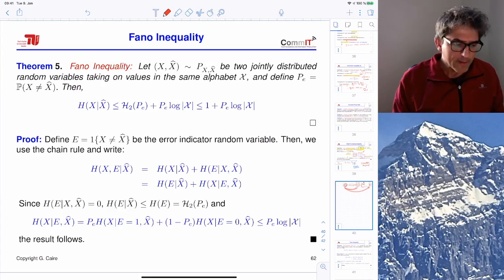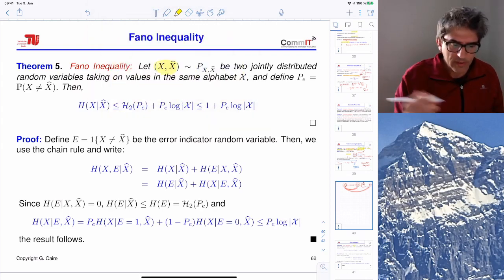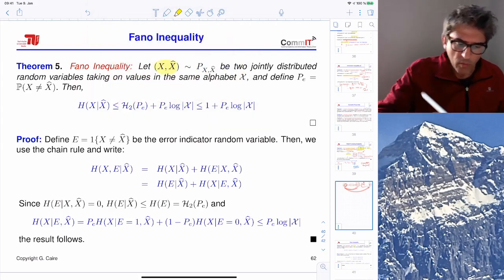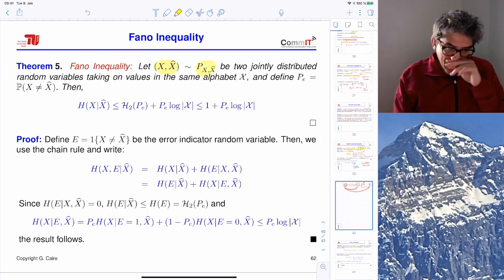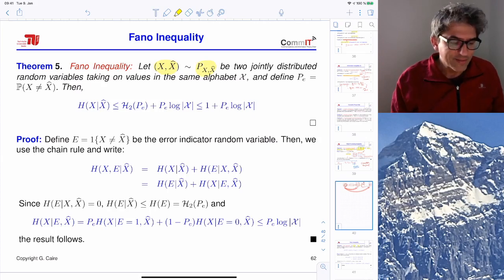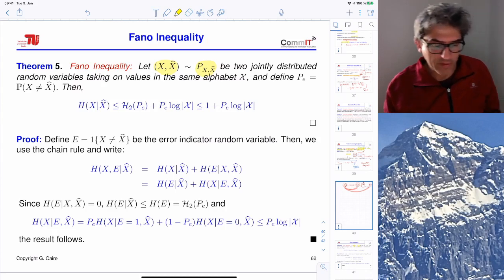So the final inequality says the following: suppose that I have two random variables, x and x hat, with a certain joint distribution. Our goal is to guess the value of x from the value of x hat.